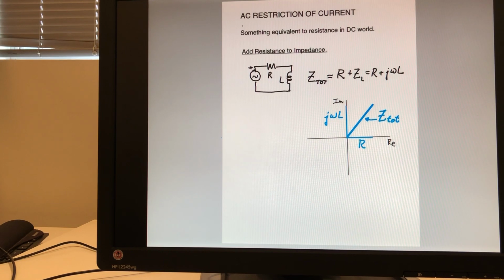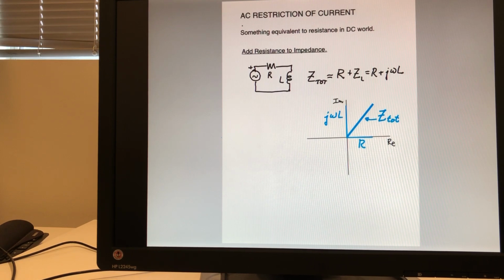Then you could also say that Z total has a magnitude and an angle, represented in polar space, so it would be R theta space. That is basically the way you've dealt with complex numbers in the past, and we're going to continue doing that here because it makes things a little simpler.